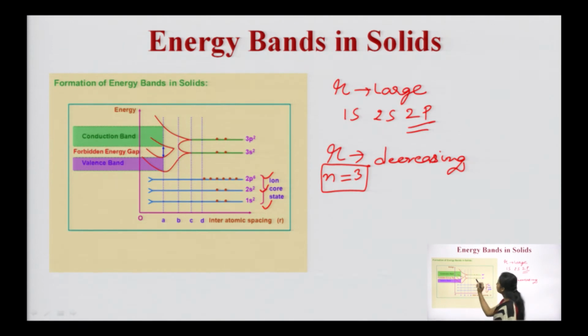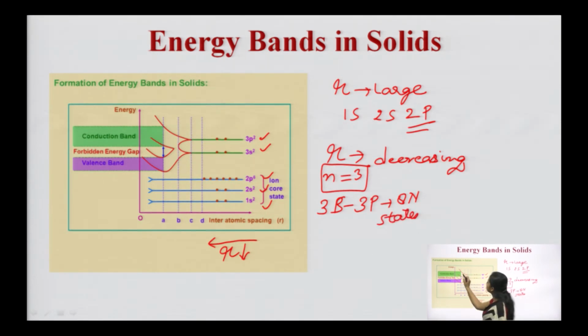You can see at n equal to 3 this splitting starts. The 3s and 3p levels will split into 2 bands. As you move from right to left, R decreases, and these 2 levels, 3s and 3p, consist of a total of 8N states.